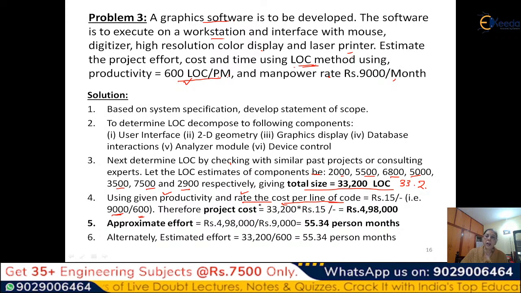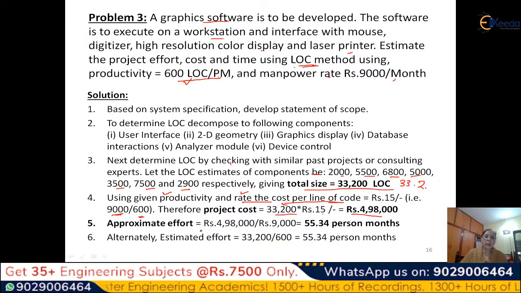Therefore one line of code will cost us 9,000 divided by 600, which is rupees 15. So we can derive the project cost by multiplying the size 33,200 LOC by rupees 15, the cost per line of code. So you get the cost.